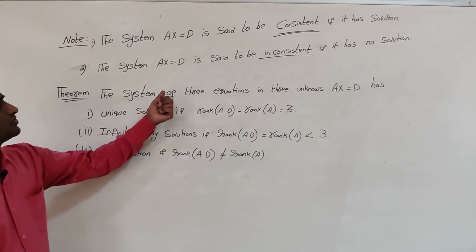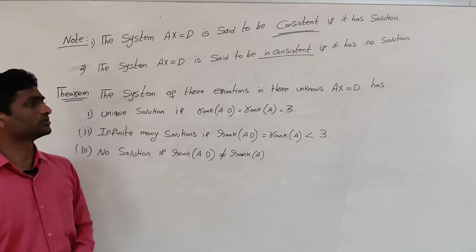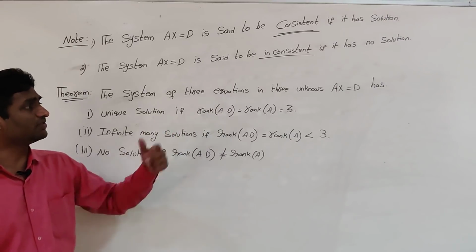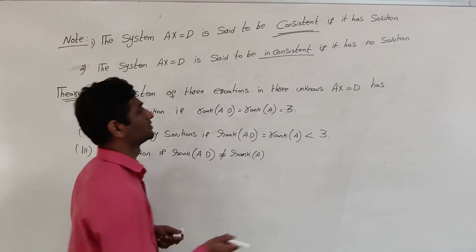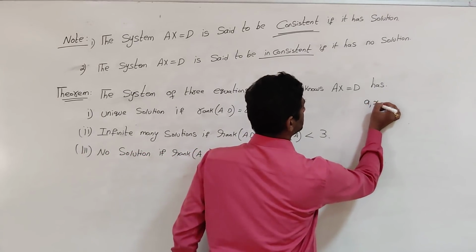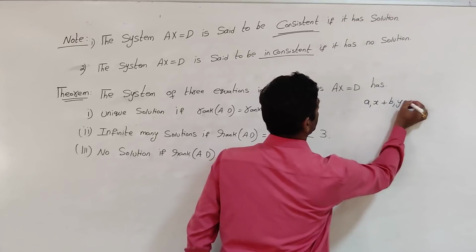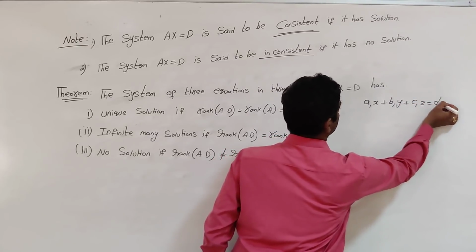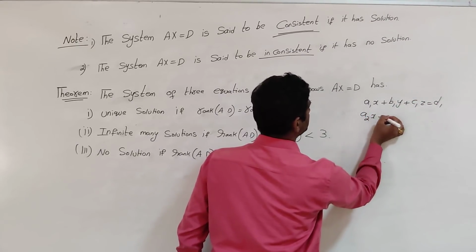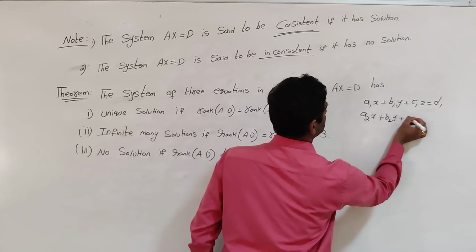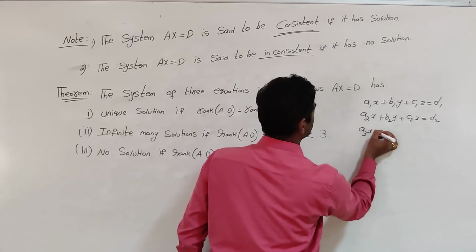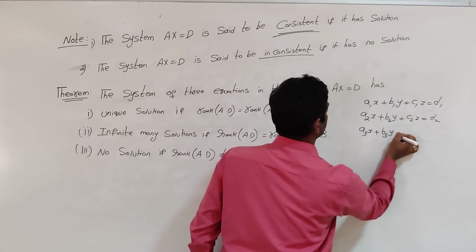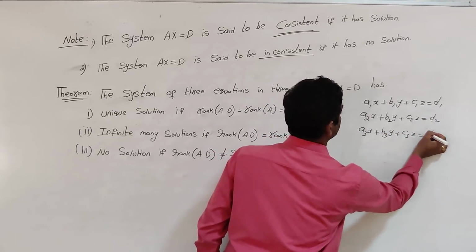The system of three equations in three unknowns can be represented in the form AX = D. So what are the three equations? A1x plus B1y plus C1z is equal to D1. A2x plus B2y plus C2z is equal to D2. A3x plus B3y plus C3z is equal to D3.